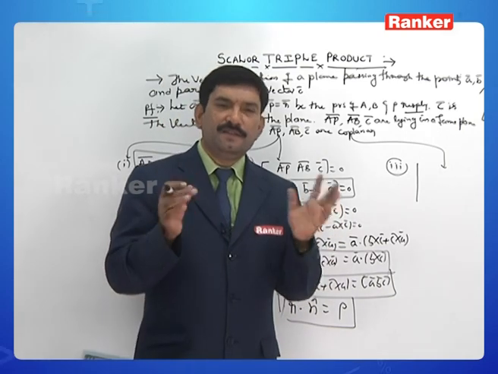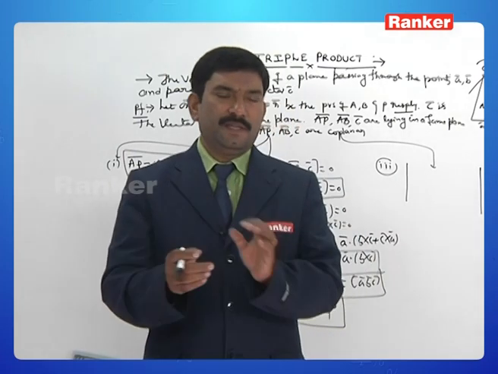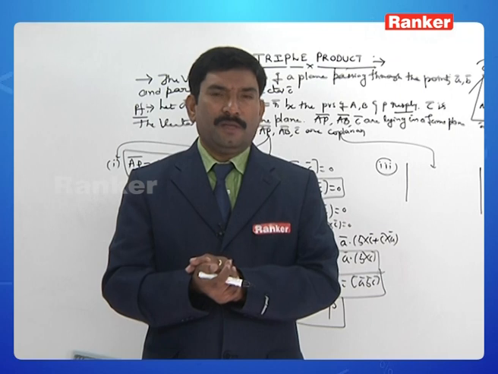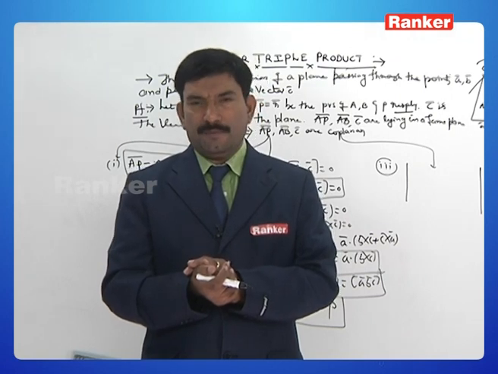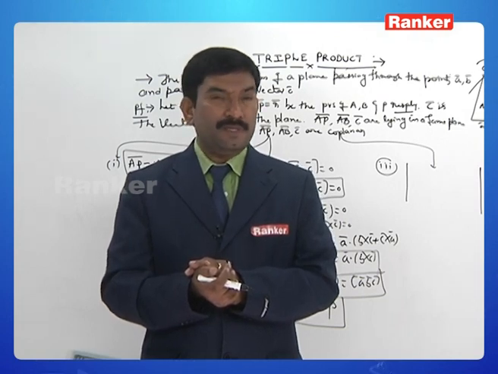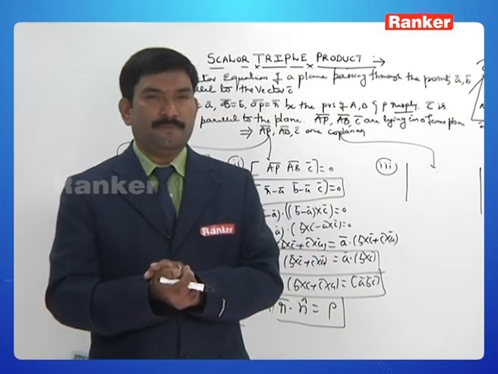Let us consider R bar is equal to Xi plus Yj plus Zk. A bar is equal to A1i plus A2j plus A3k. B bar is equal to B1i plus B2j plus B3k. C bar is equal to C1i plus C2j plus C3k.